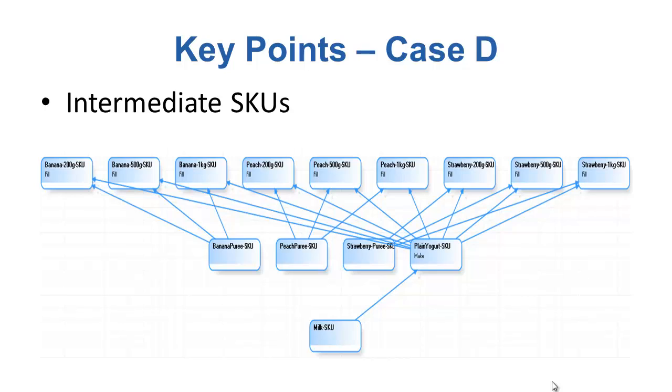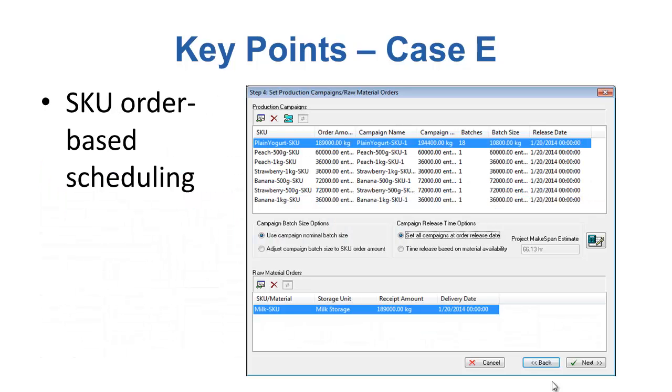This is beneficial in cases where a certain intermediate is used in the production of multiple final products. Scheduling considerations related to this type of scenario are also discussed. The final case covers SKU order-based scheduling.